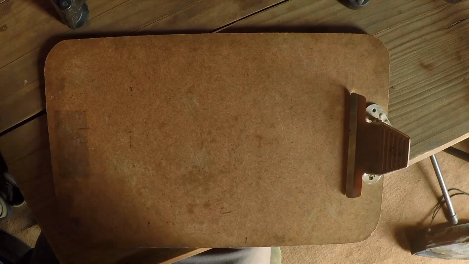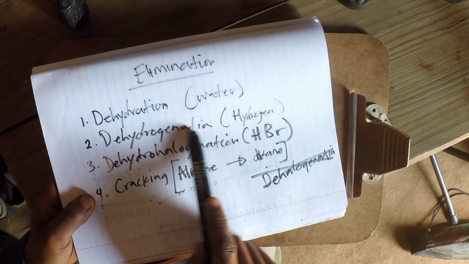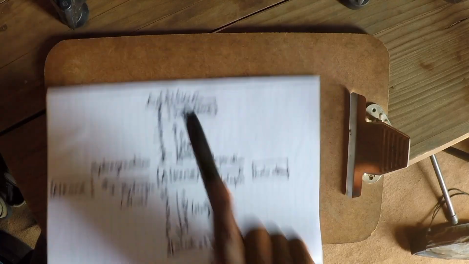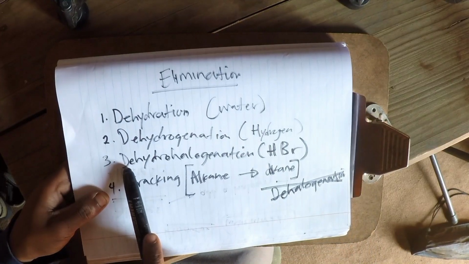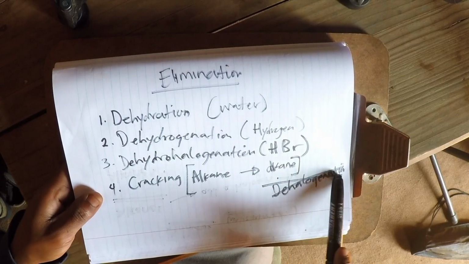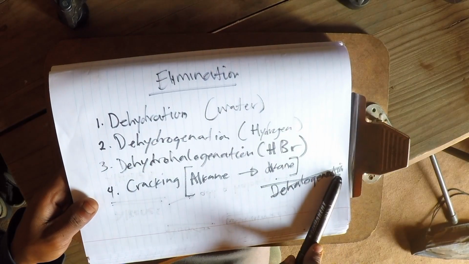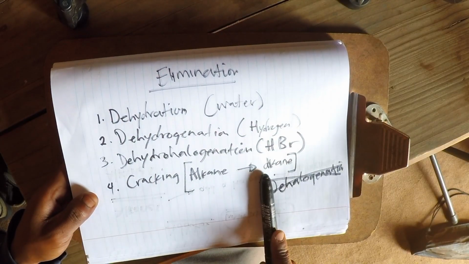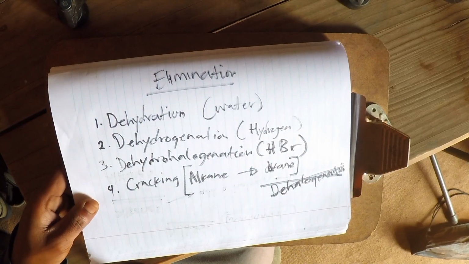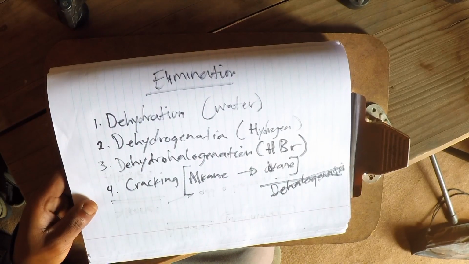Hydrogenation becomes dehydrogenation. Hydrohalogenation becomes dehydrohalogenation. And in the space of halogenation, we now include cracking, where we take a big alkane and crack it down into smaller alkanes. This is called elimination.